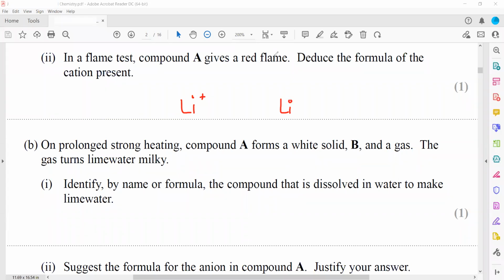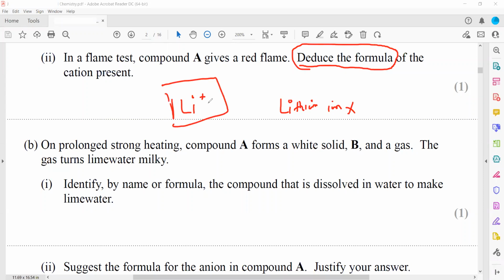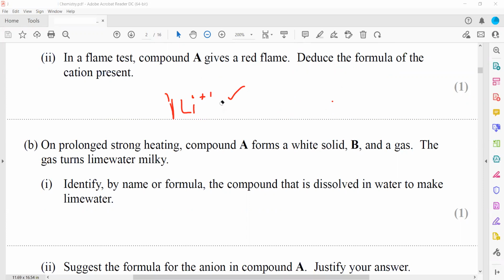And if you write lithium ion, you will also not get the mark, because in the question they mentioned deduce the formula. Lithium ion is not a formula. The formula of the lithium ion is Li+. So you should write a formula, not words. Sometimes they give you both options, deduce the formula or state the name of the compound. In that case, you have both options. But here, it is Li+.